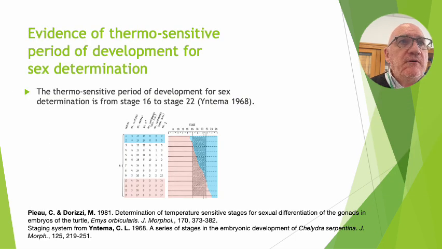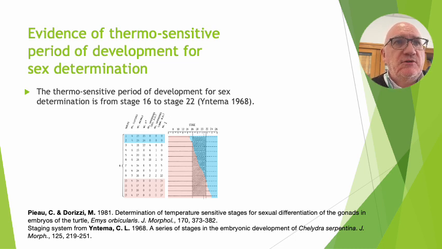We also saw in the previous video that the sex is sensitive to incubation temperature during a period of development. This period is named the thermosensitive period of development for sex determination. This period has been determined in different species.